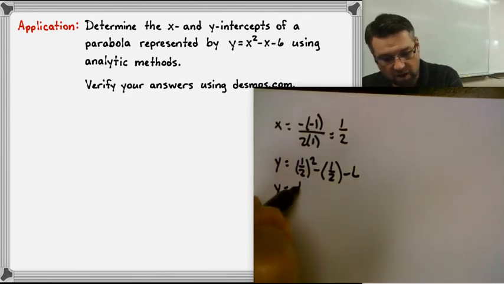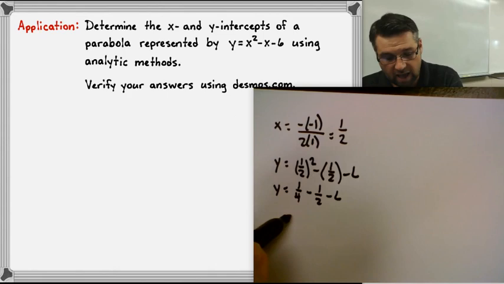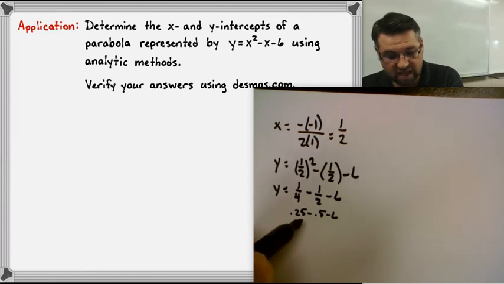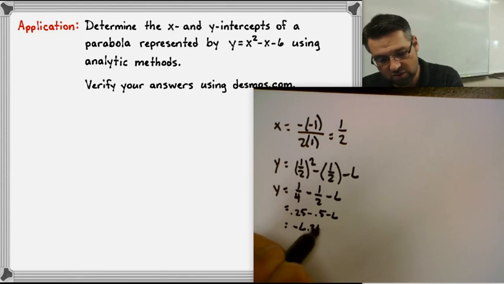This gets gross. We got 1/4. 1/2 times 1/2 is 1/4. Minus 1/2 minus 6. We have to get common denominators there, or put it in decimal form. We could do that. 1/4 is 0.25. 1/2 is 0.5. So 0.25 minus 0.5 is negative 0.25. Minus 6 is negative 6.25.